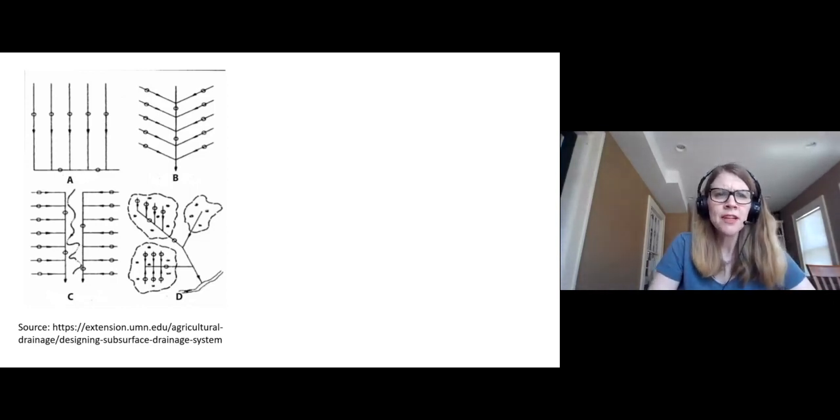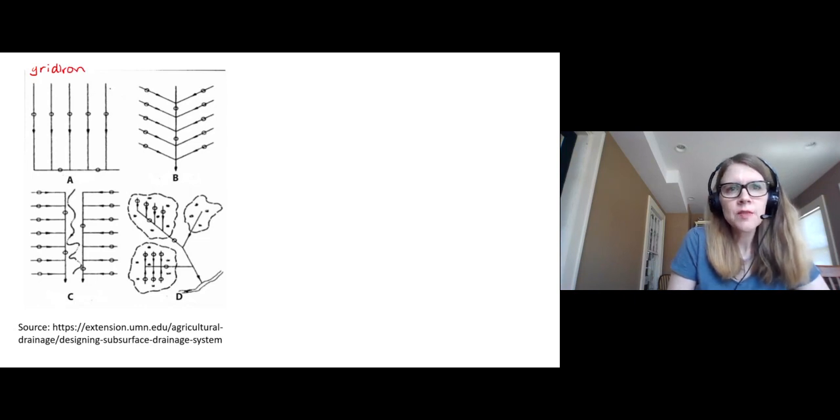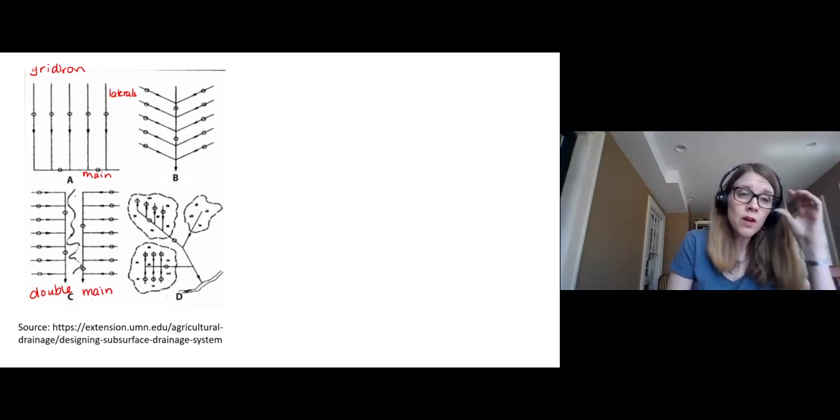So remember, we talked about different drainage layouts. We talked about the gridiron layout here, where you have these smaller lines, the laterals, and then a single main line here. We might also have something called a double main. That's this one down below, where maybe this is a waterway, could be a grass waterway even.